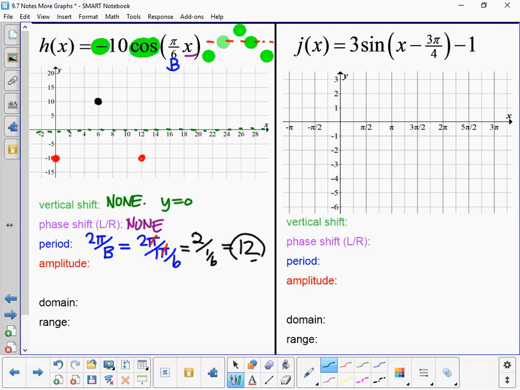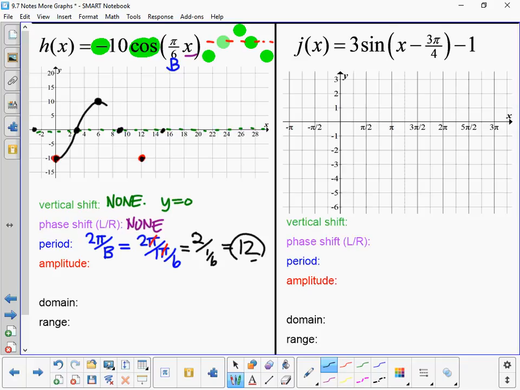Now halfway in between here would be a value of 3, so I just have to kind of place it in between the 2 and the 4. And halfway between 6 and 12 is 9, so I'll place this one just between the 8 and the 10. So these are our 5 points for our cosine pattern, and we can just extend that pattern.